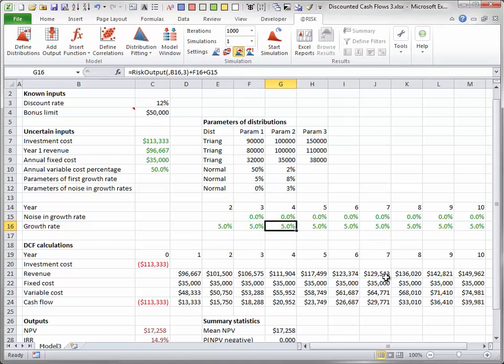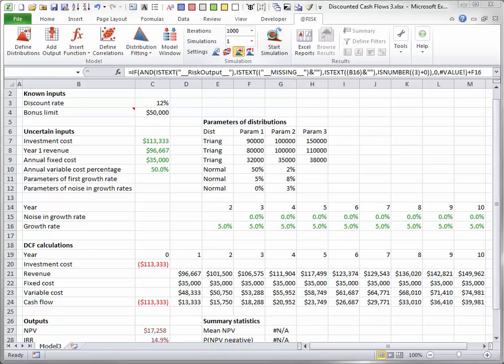Actually, this is equivalent to assuming that the growth rate in any year is normally distributed, with mean equal to the actual growth rate from the previous year and standard deviation 3%. The rest of the model is exactly as before. Now I will run a simulation with 1,000 iterations.